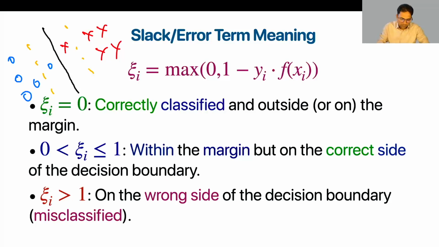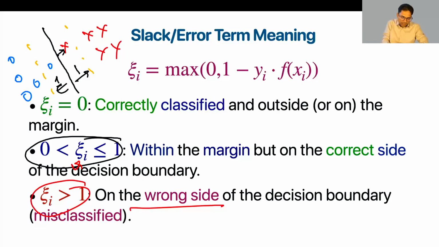The distance on both sides is 1, so this point's distance will definitely be less than 1 because the margins are at distance 1. For these points the slack variable will be between 0 and 1. And if a point is on the wrong side, if it crosses the decision boundary totally, then it will definitely be greater than 1, because it is 1 plus this extra distance.